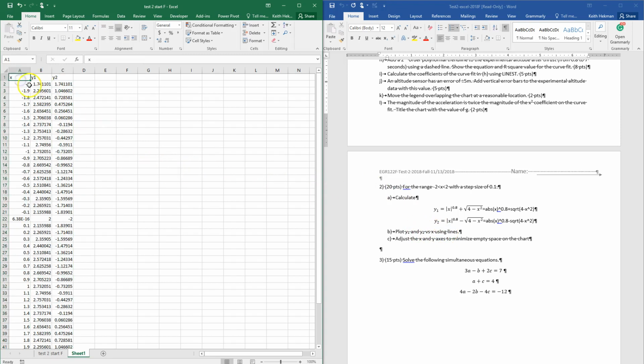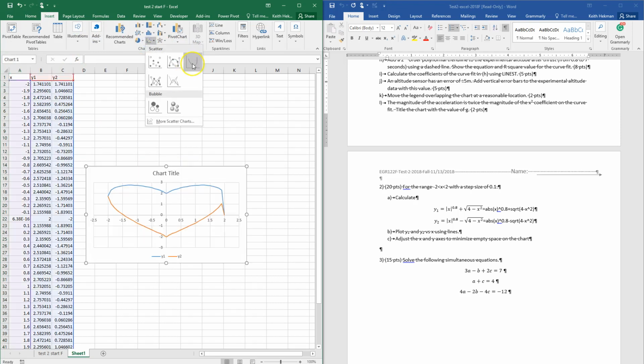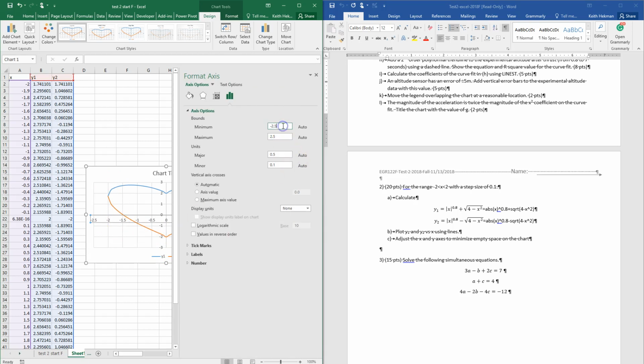And then we can insert a line chart. And we go down to 2. And so we can make this going from -2 to 2.